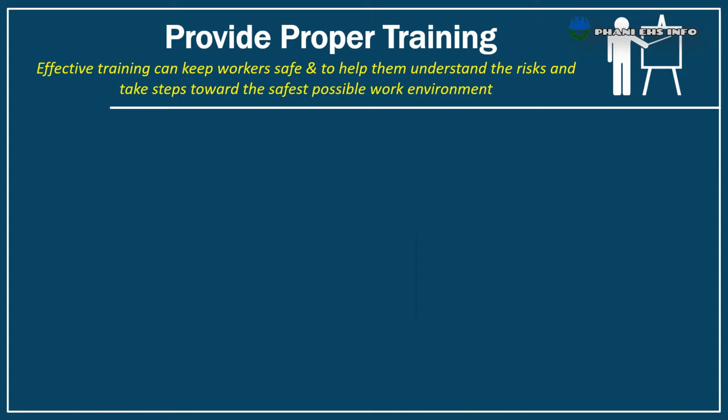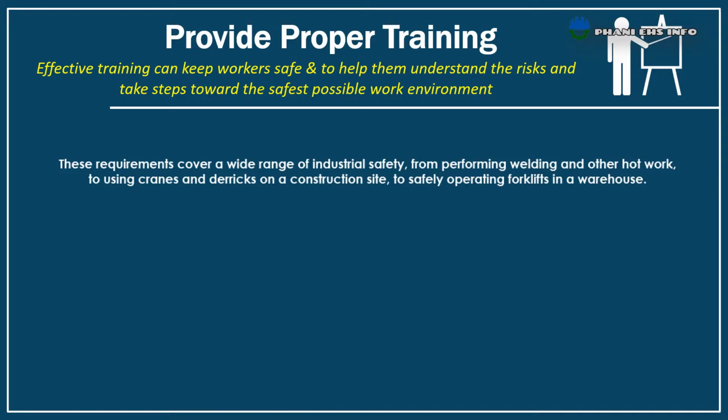Effective training can keep workers safe and help them understand the risks and take steps towards the safest possible work environment. These requirements cover a wide range of industrial safety, from performing welding and other hot work to using cranes and derricks on construction sites to safely operating forklifts in a warehouse, etc. By using some resources, we can improve the effectiveness of training.